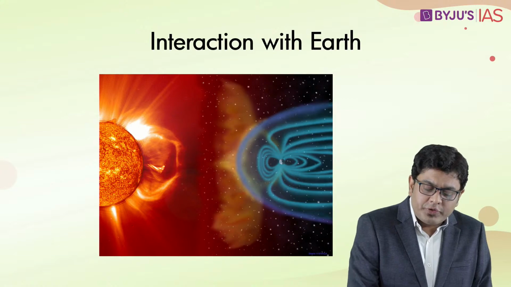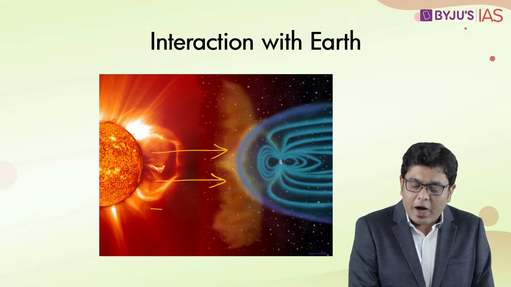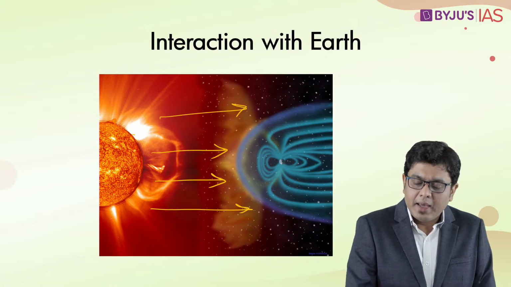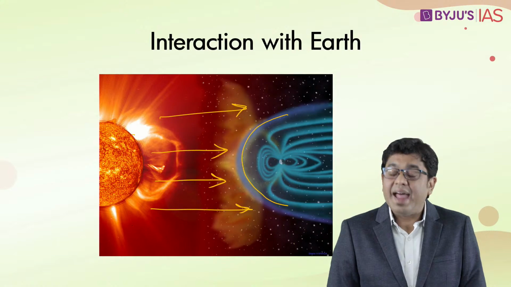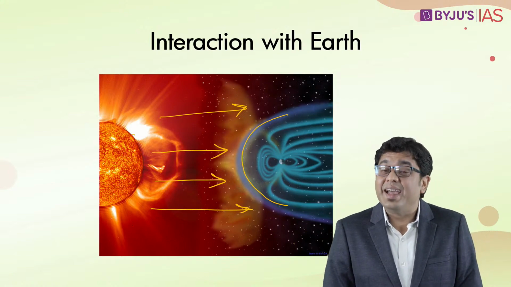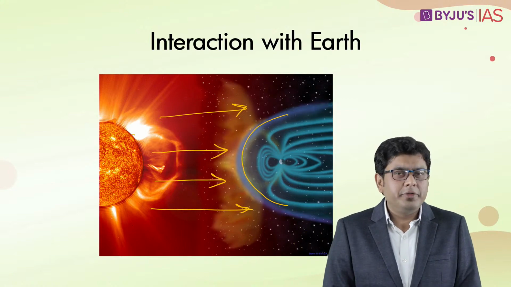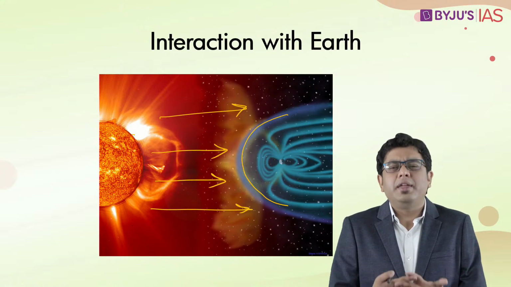You will be able to see how all these materials travel outward from the surface. But then there is a kind of protective layer. And that is why our atmosphere is protected, and that is why our atmosphere still has the gases which are required for life on Earth.